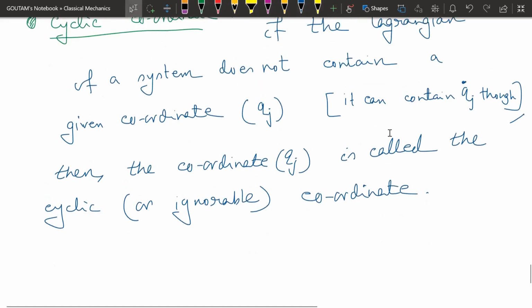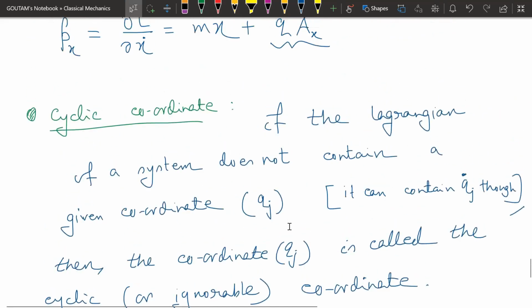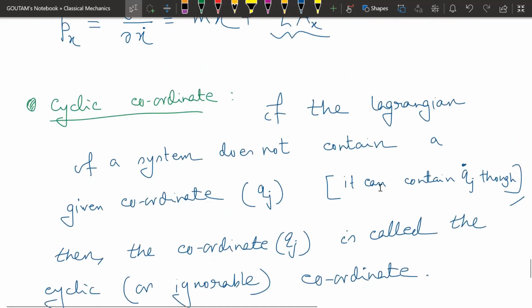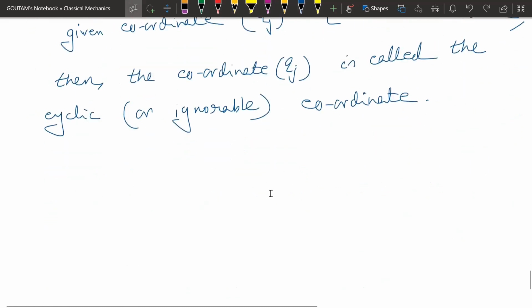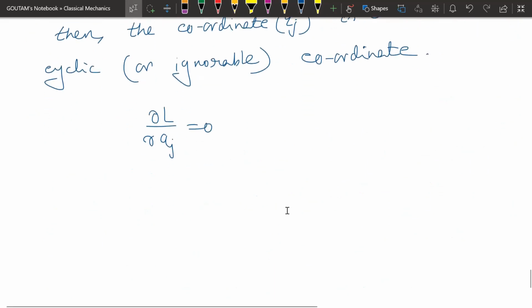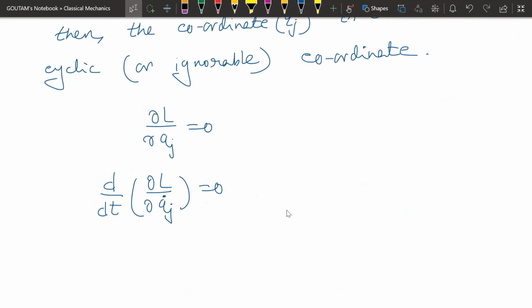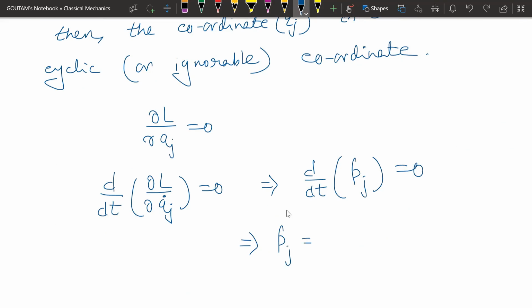If the Lagrangian does not explicitly depend on this Qj, then we have del L del Qj equals 0. Then from Lagrange's equations of motion, we get d/dt of del L del Qj dot equals 0. It implies d/dt of Pj equals 0, where Pj is the canonical momentum corresponding to the coordinate Qj. So in that case, Pj is conserved, or constant.